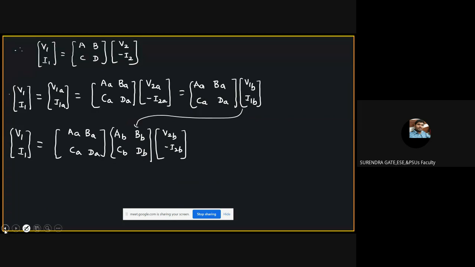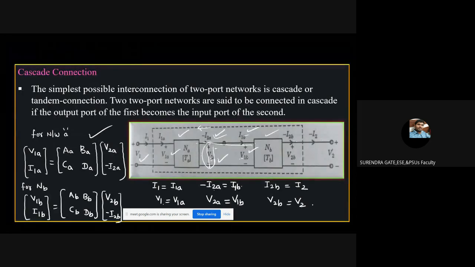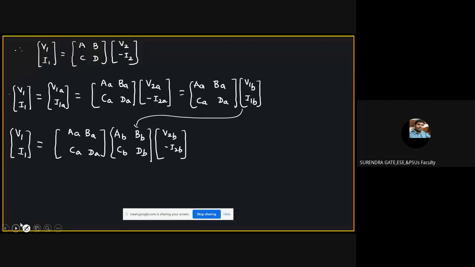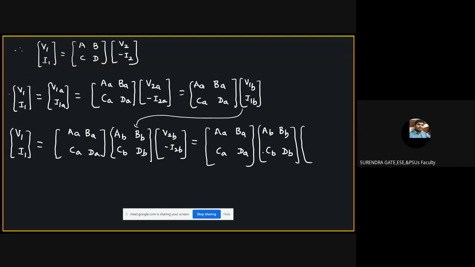But V2B equal to V2 and I2B equal to I2. So this is equal to AA, BA, CA, DA into AB, BB, CB, DB into V2, minus I2. Derivation is not required, I am giving this just for concept.